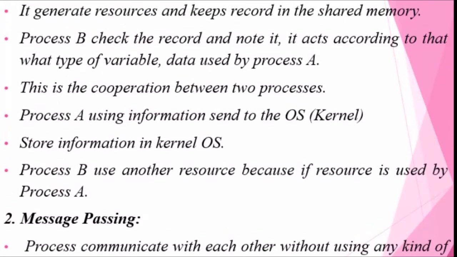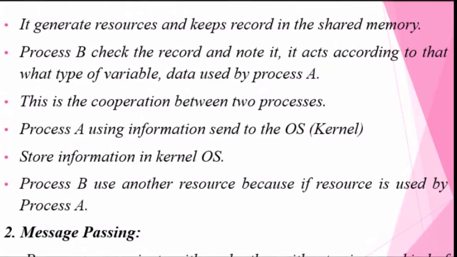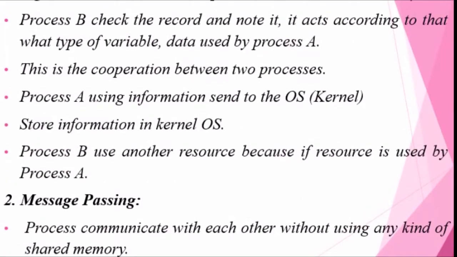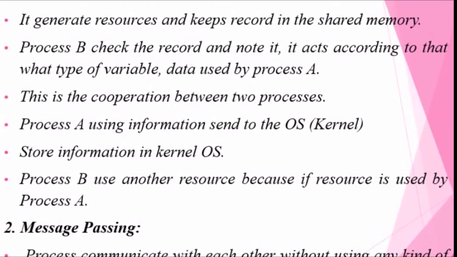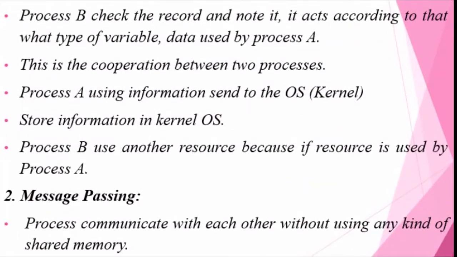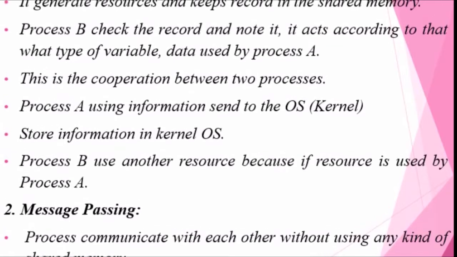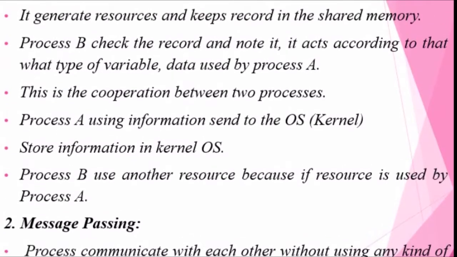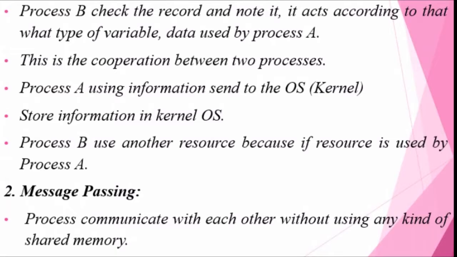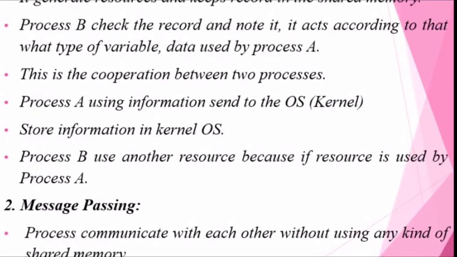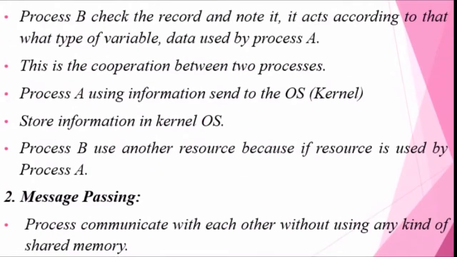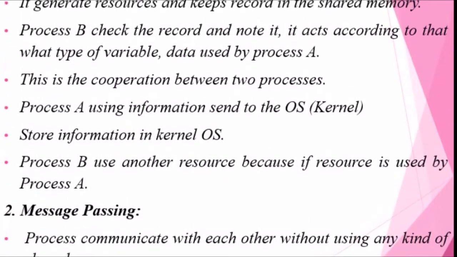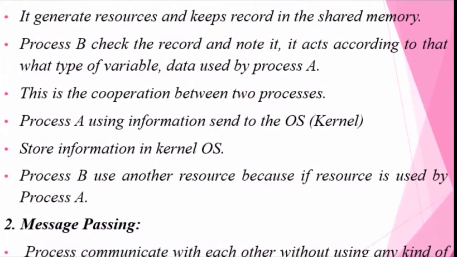Process A uses the information that is sent to the kernel OS. Kernel we already know is part of the operating system, that is OS. So the stored information is in the kernel OS. Process A already used some resources, so process B is not going to use those, it is going to use other resources. This is about shared memory.